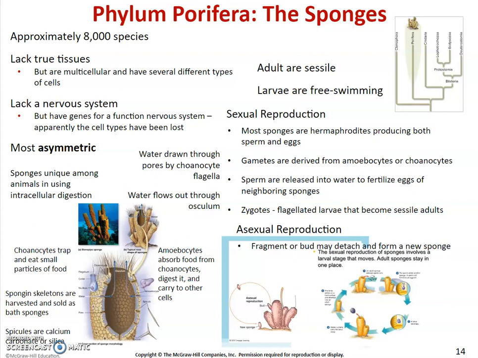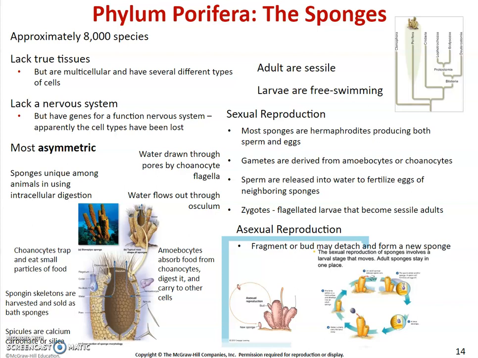And then it can release sperm to a neighboring sponge, which then can produce new fertilized eggs and create new sponges. So most of the time, the sponges will release their gametes, which come from amoebocytes and choanocytes.